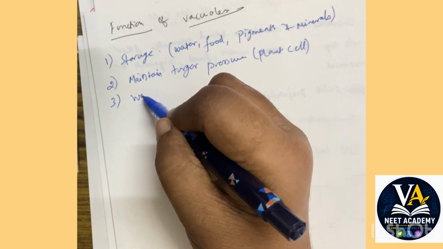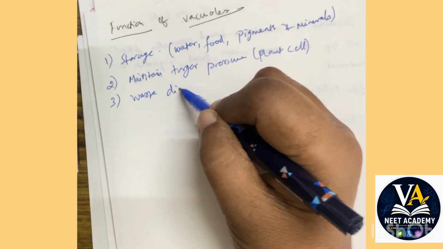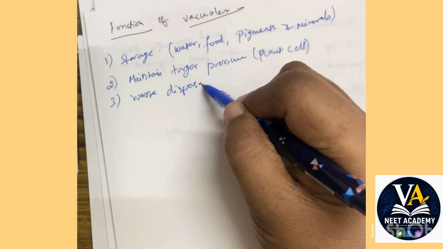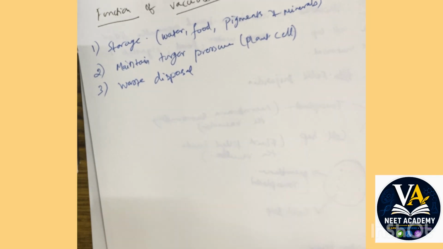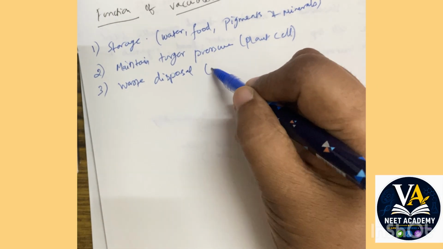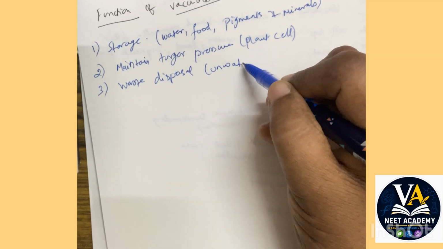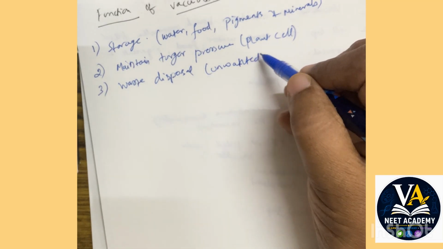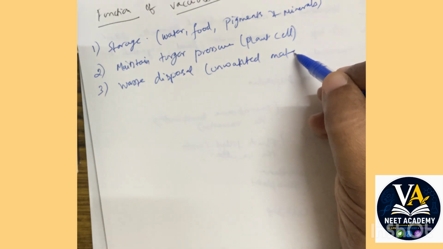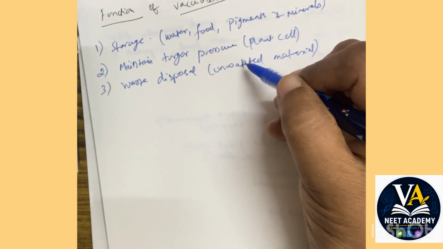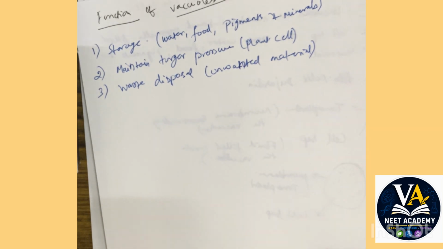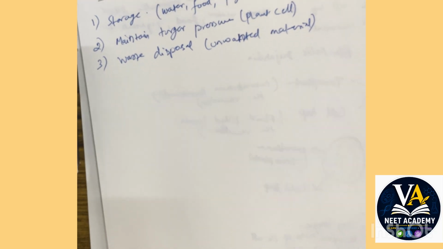Third one is waste disposal. So it stores the unwanted material in them, and this is why it is important for waste disposal.